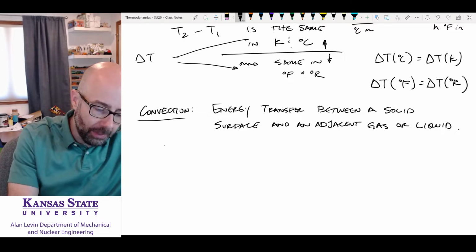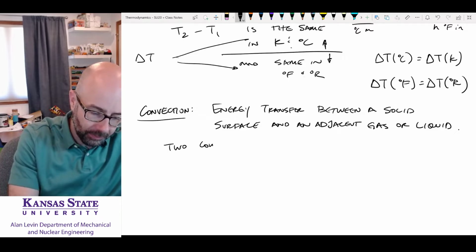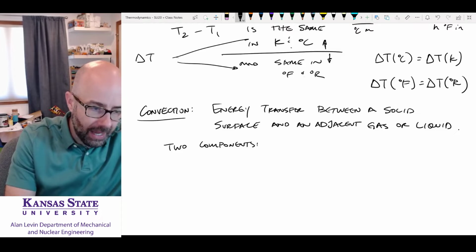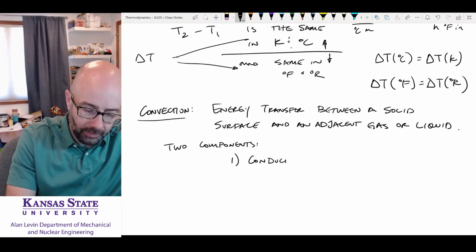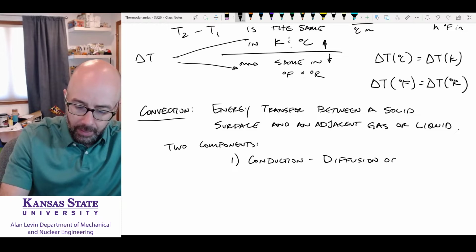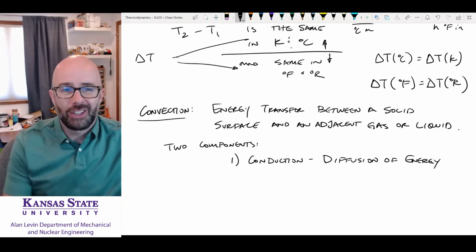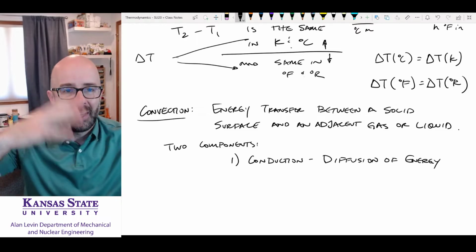So convection has two components. It's going to have that conduction, that diffusion of energy. Just like, there's nothing that's changing because we have that solid and we have a liquid there.